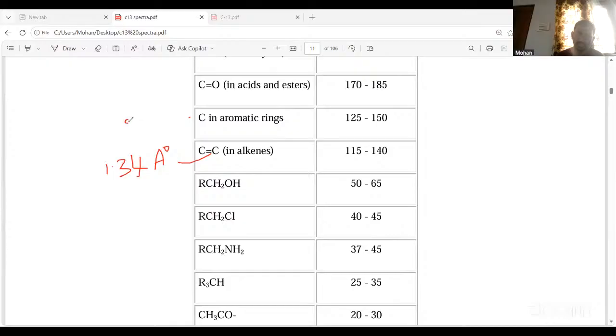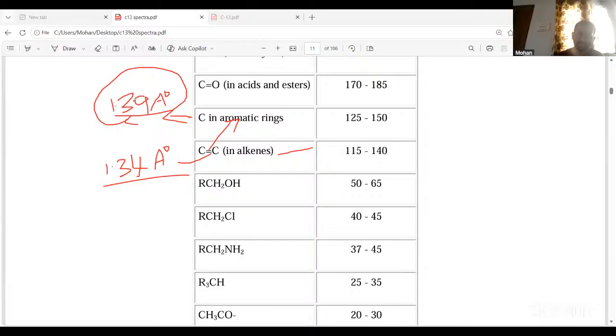And same thing when this C double bond C is in the aromatic: the bond length is 1.39 angstrom. When the C double bond C is in the alkene, the bond length is 1.32, and in the aromatic it is 1.39 angstrom.